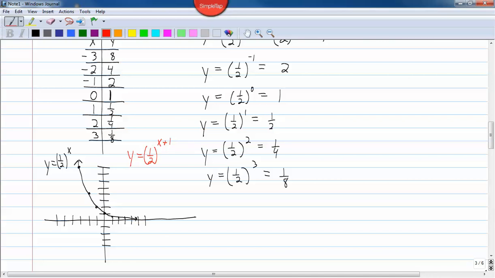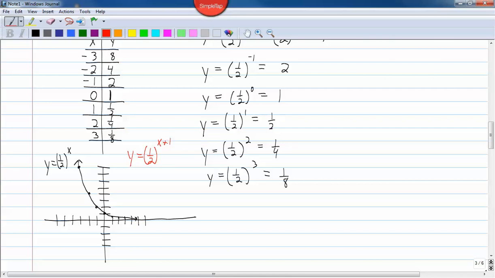Okay? That plus 1 is going to take and shift every point on my graph over 1 unit. You would think to the right, but it's not to the right, it's to the left.